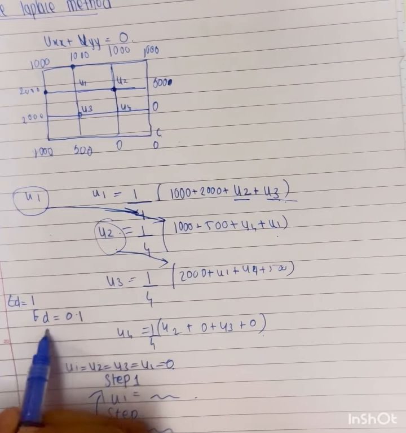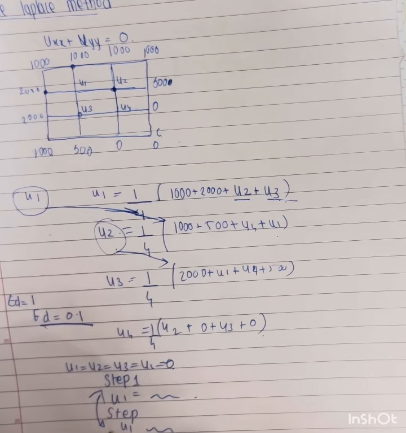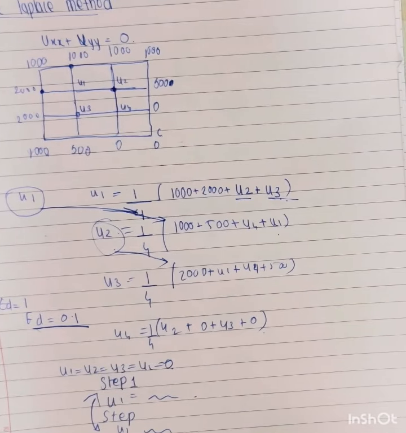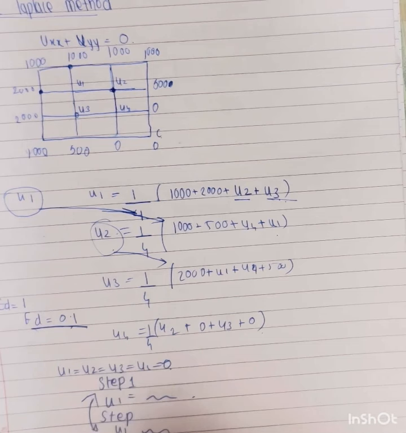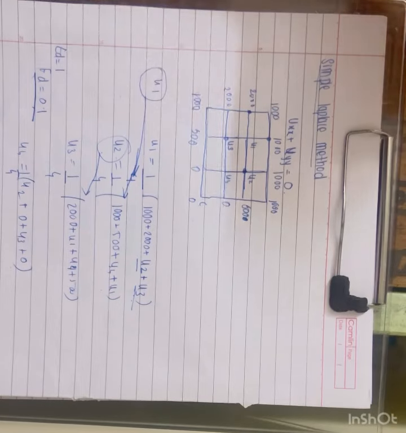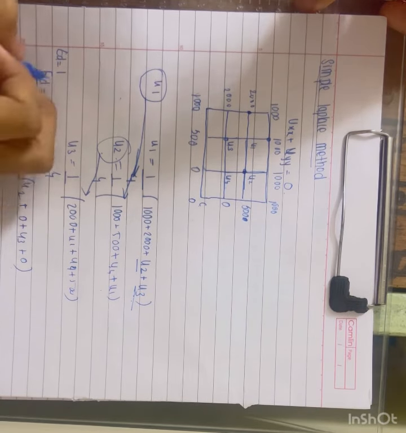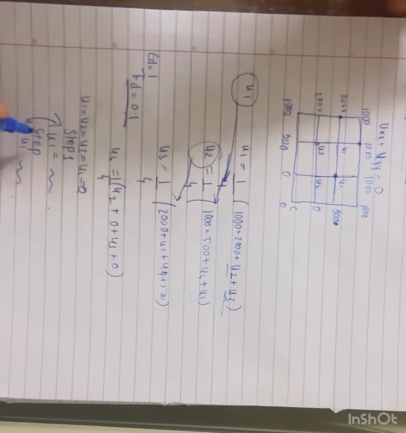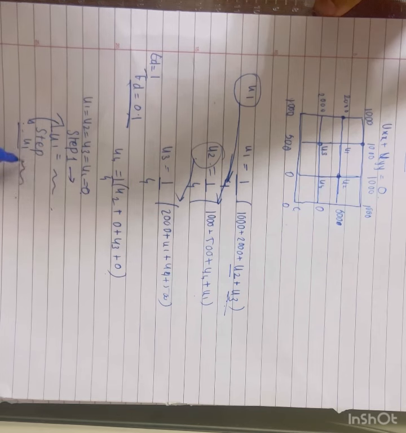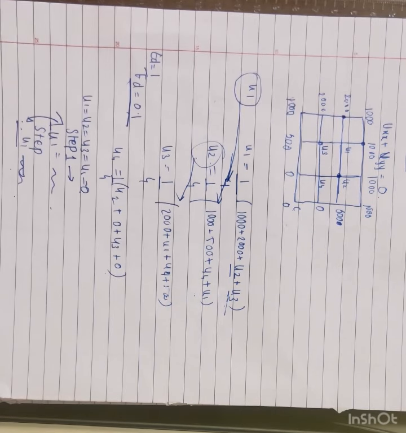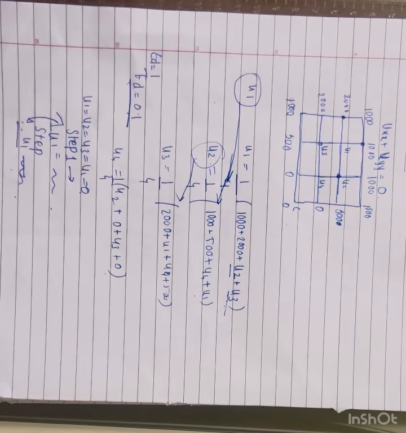If the difference between two consecutive steps is less than the accuracy, then and only then can you say you have reached the accuracy and stop solving.